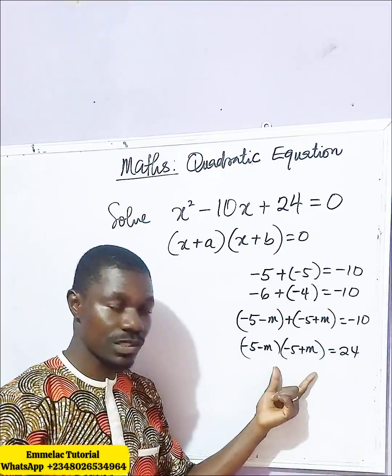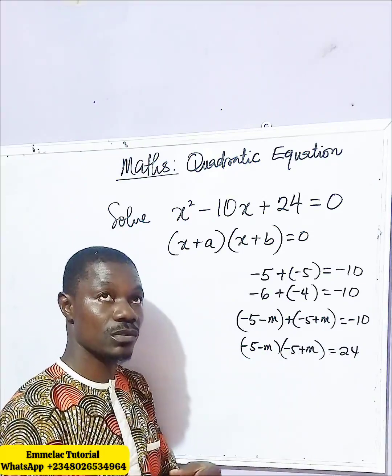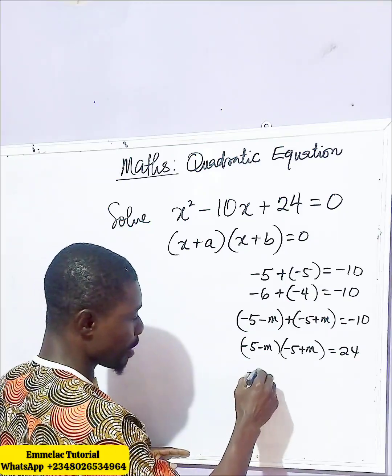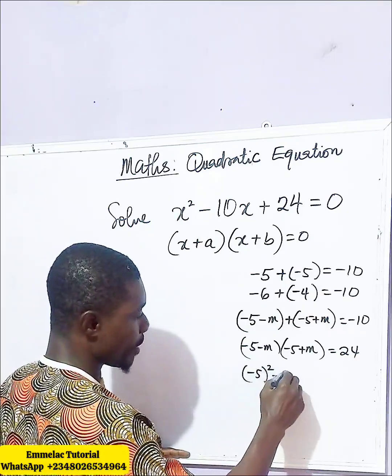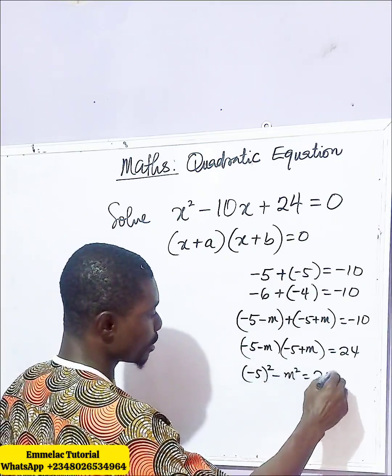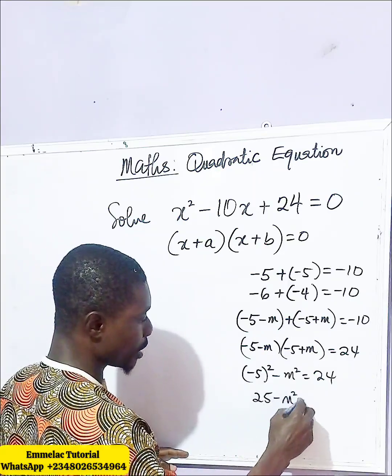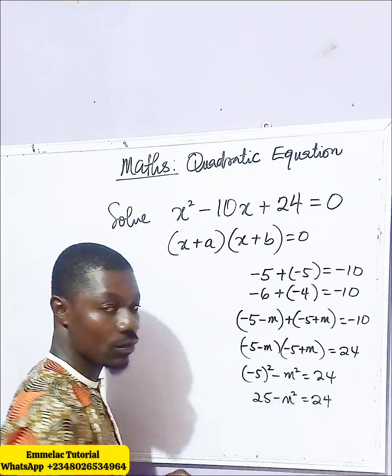Now, considering the difference of two squares, this is -5 all squared, then minus m all squared equals 24. Now this will give us 25 minus m squared equals 24, right?